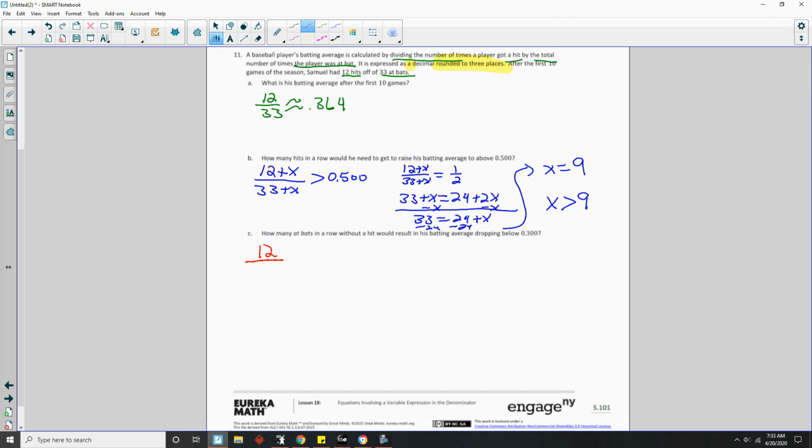If we want our batting average to go down, we're not going to get a hit. So we don't say 12 plus x; we're just going to leave that 12. No more hits, but we're going to increase the number of times at bat. That was the trick to this part. And less than 0.300.